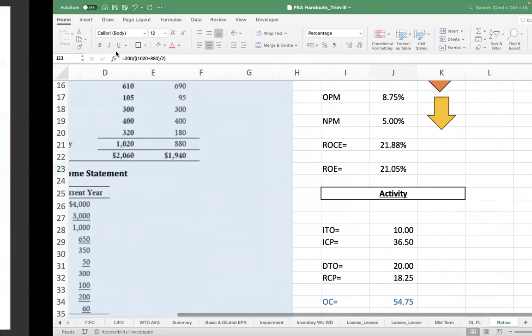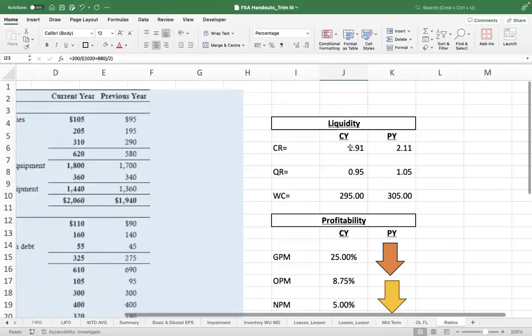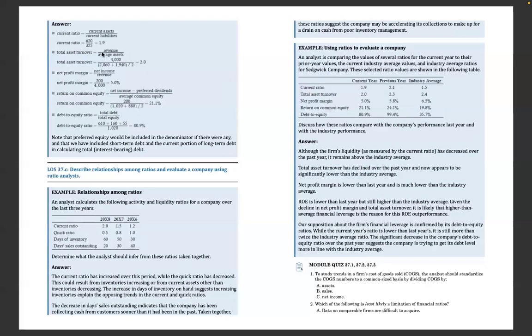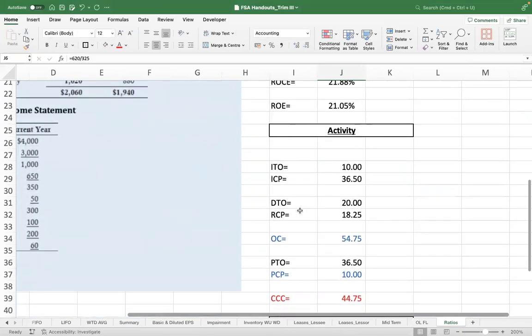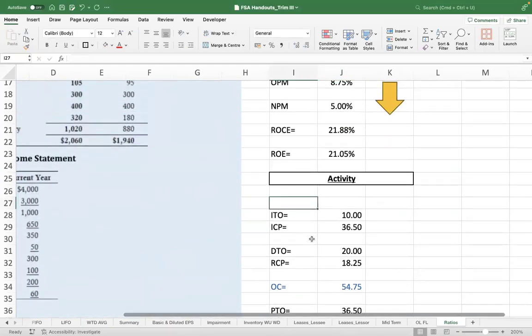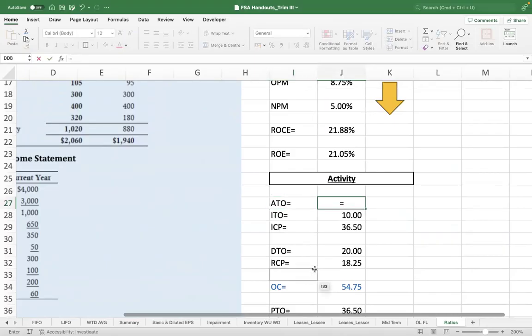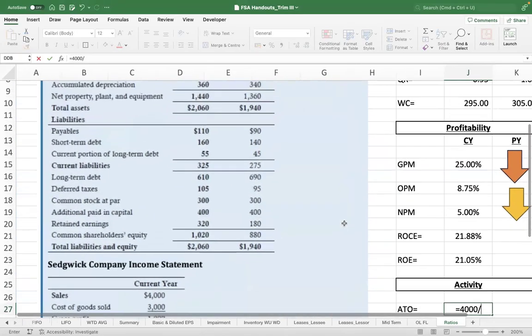So we got current ratio as 1.9, which is correct. Quick ratio, asset turnover. So we can also calculate, as a part of activity ratios, the asset turnover ratio, which will be sales by average assets. So 4,000 divided by average assets.